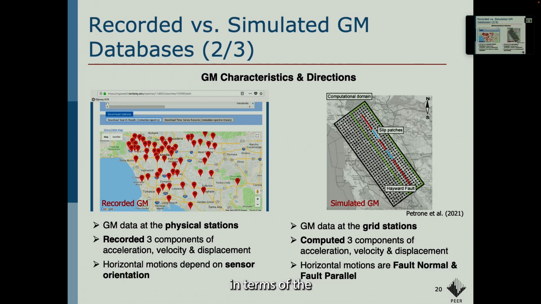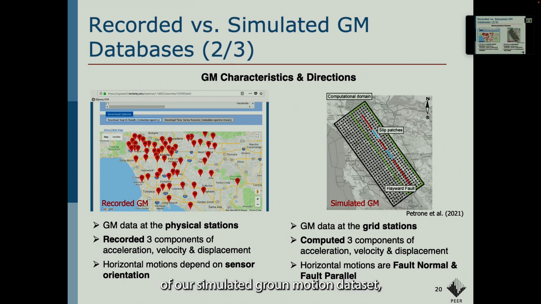In terms of the direction of the horizontal motions, in NGA these directly depend on the sensor orientation, the orientation of the accelerometer, and these may differ from station to station, so they are not consistent for all cases.